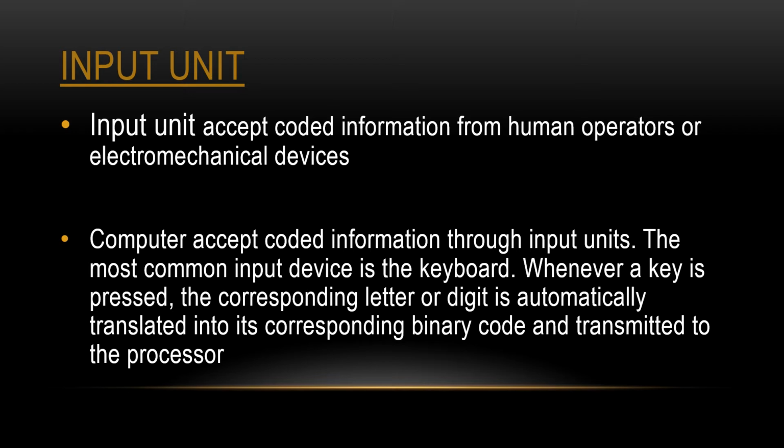Generally this is the letter, that is the alphabet, or the digits, numbers 0 to 9, or any other characters which are possible with the keyboard. The ASCII keyboard is generally used, and it will have a binary code which we call the ASCII code, and that is transmitted to the processor.